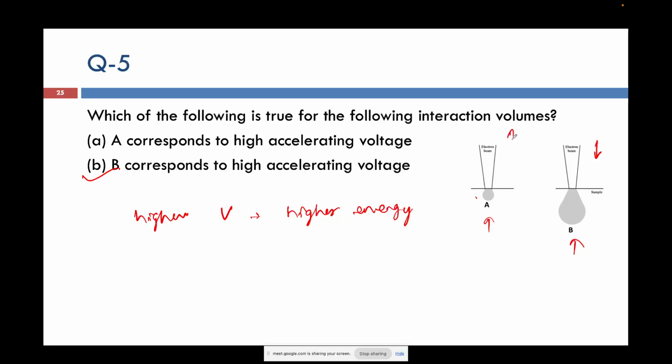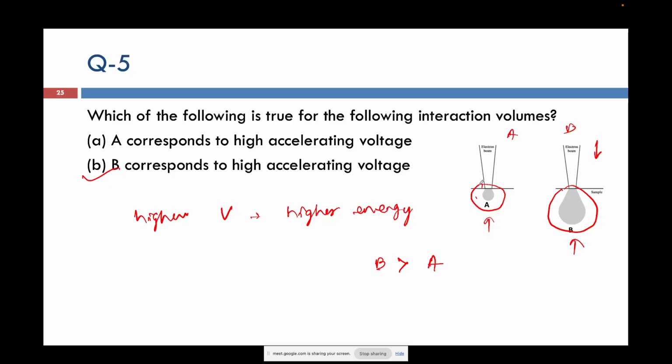This is A case, this is B case, so the interaction volume of B will be higher than the interaction volume of A. And what happens when interaction volume increases? We will get much more information in case of B, from a larger area of the sample than we are getting from sample A. So we can increase the accelerating voltage even more, but when you increase it, the lens aberration and the electron column effects will also start acting.